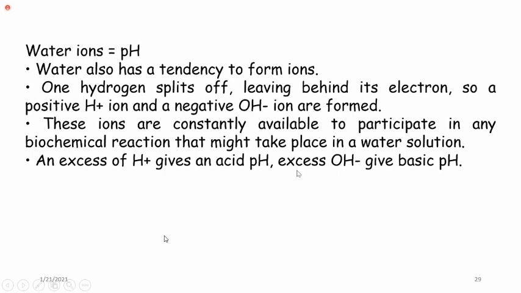So you should also know about the concept of pH. The scale of pH ranges from 0 to 14. 7 is neutral. Most of the body fluids, like blood, have a non-neutral pH. Then saliva, other body fluids, and gastric juice have different pH.